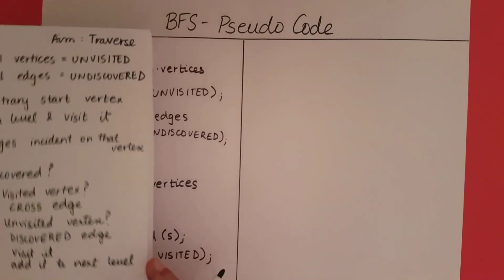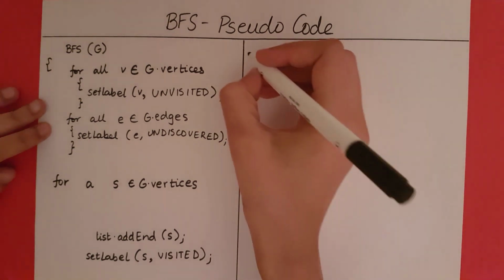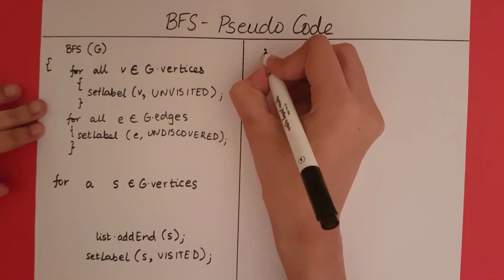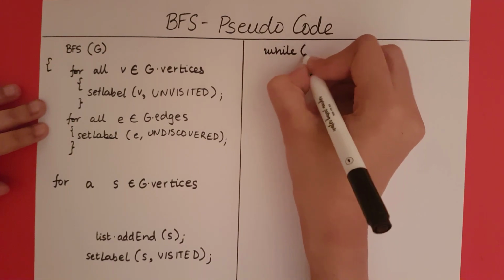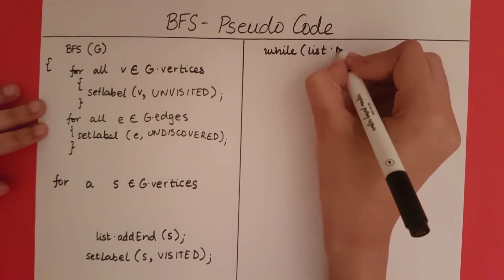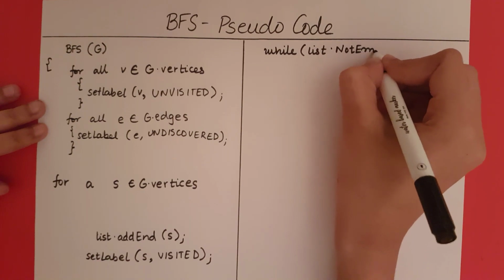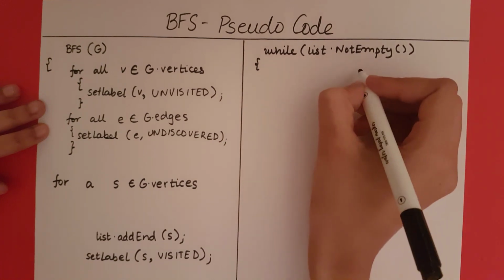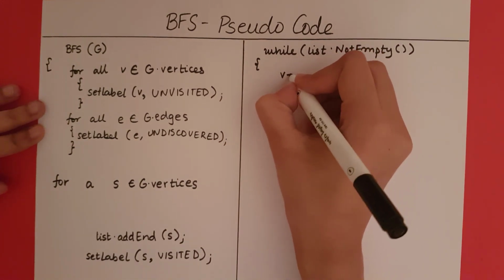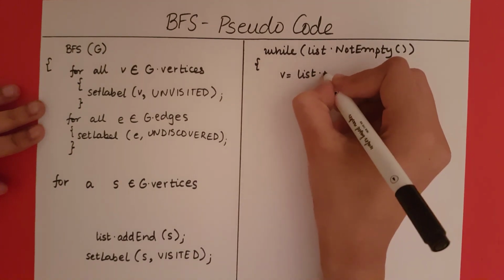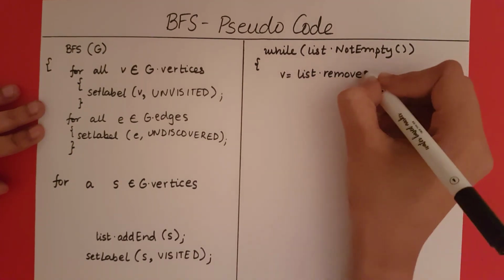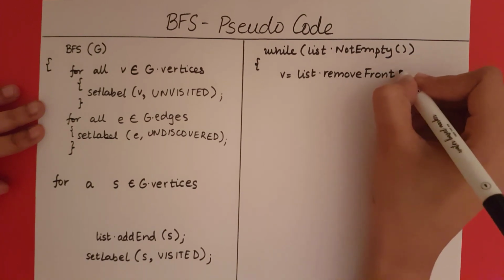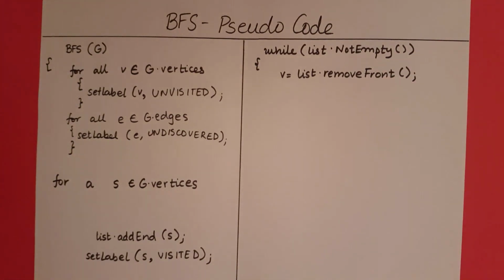So I need to remove the vertices one by one. So I'm going to say, while the list is not empty, I'm going to retrieve the first vertex from that list. In level 0, there is only one vertex, so I'm going to retrieve that.